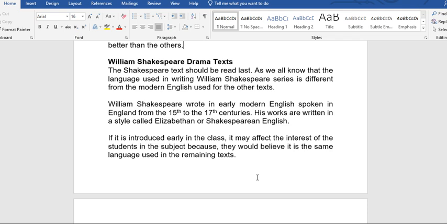If we introduce the William Shakespeare text to the students as one of the first, second or third texts, it may affect the interest of the students in the subject because they will believe it is the same language used in the remaining texts. So that is one of the reasons why William Shakespeare should come last.